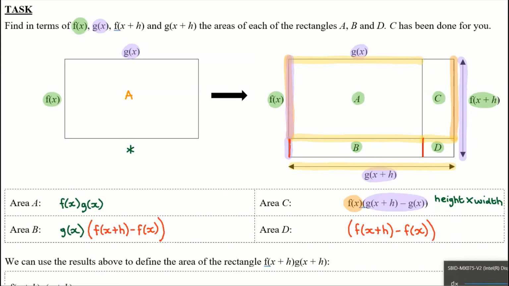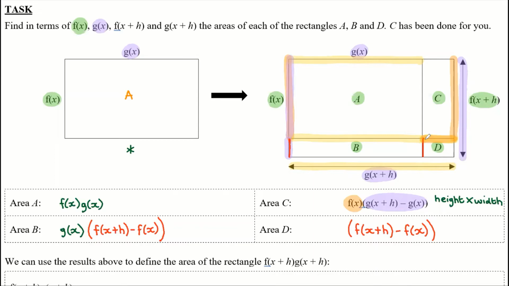Okay, and for the width, what have we got going on with the width? Well, let's have a look. So it's this distance here. Well, that's going to be the difference between g of x plus h and g of x.